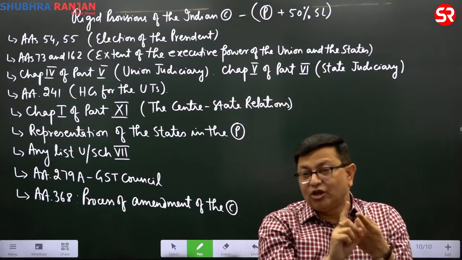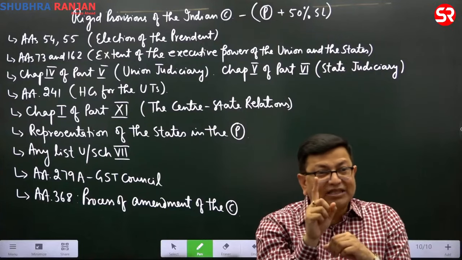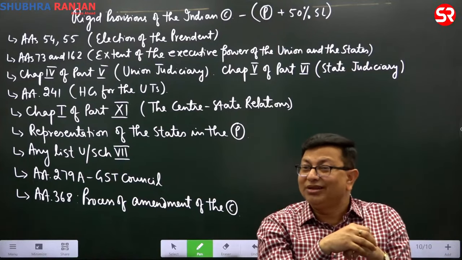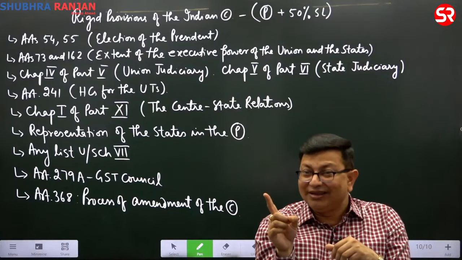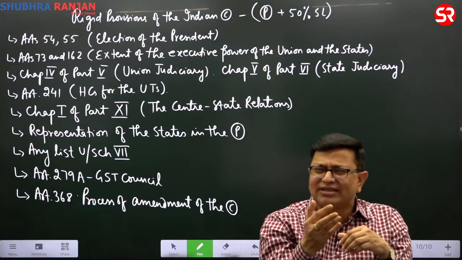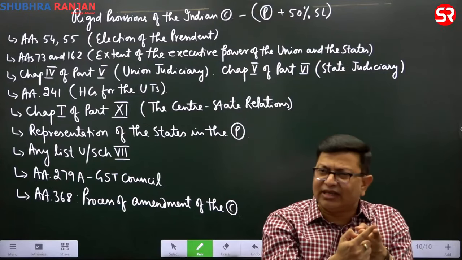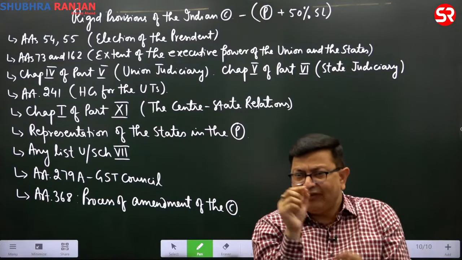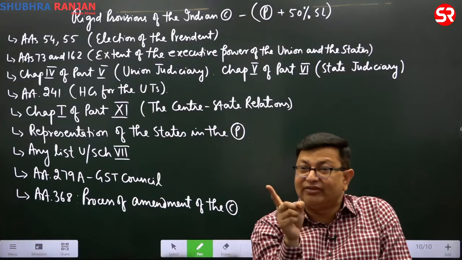Why? First logic, the Supreme Court is the federal court. Whenever there is a dispute between the center and the states, it is referred to the Supreme Court. So the states are also affected, because if the Supreme Court's powers are curtailed or extended, or any article is to be changed, the process for the appointment or removal of judges, the jurisdiction of the Supreme Court, then ratification by 50% of the states will be required.